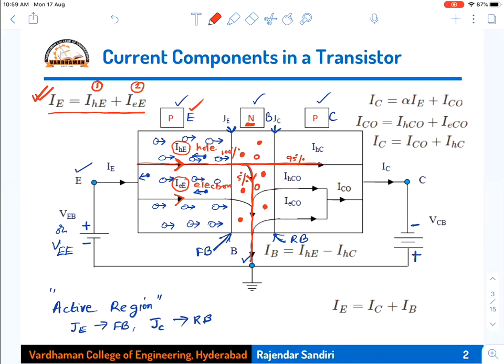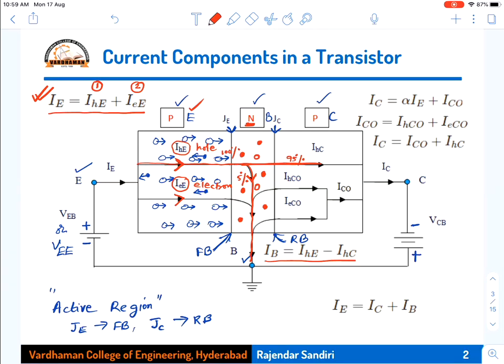Now what can I write for the base current? Base current is equal to the current coming from the emitter region due to holes, that is IHE, minus the current going into the collector, that is IHC. That means 100 are coming and 5 are recombining, and the remaining 95% are going into the collector.